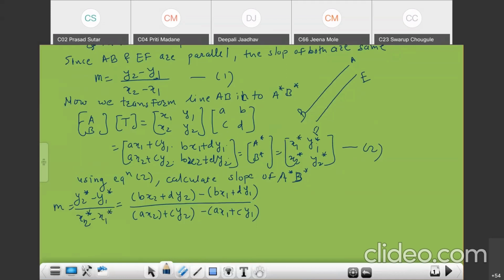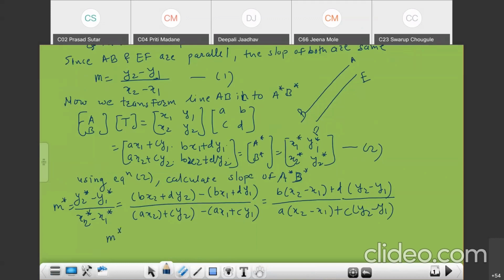Okay. Now try to simplify it. I keep b as common: b(x2 minus x1) plus d as common: d(y2 minus y1), divided by a as common: a(x2 minus x1) plus c as common: c(y2 minus y1). Again we simplify it here.